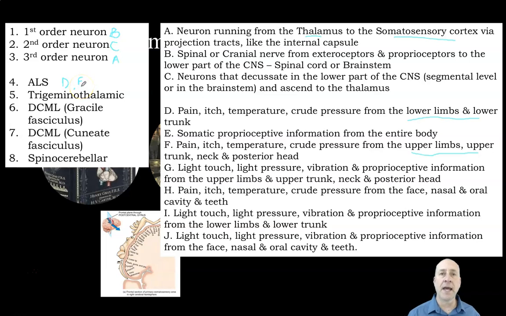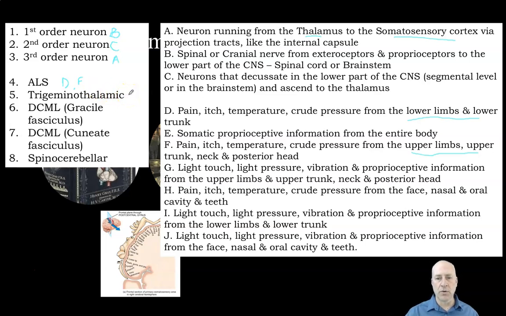So they're both on the ALS. What I'm trying to get at is that with the ALS, you don't split out upper and lower. But wait till we get to the DCML, and then I am going to split it out into gracile, lower body, and cuneate, upper body, right? But with the ALS, don't split it out. It's going to receive crude sensation, pain, itch, temperature, all that from the upper and the lower limbs and the upper and the lower trunk.